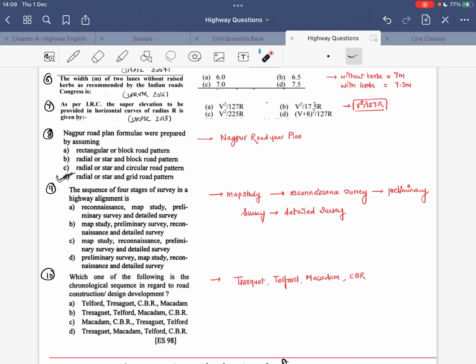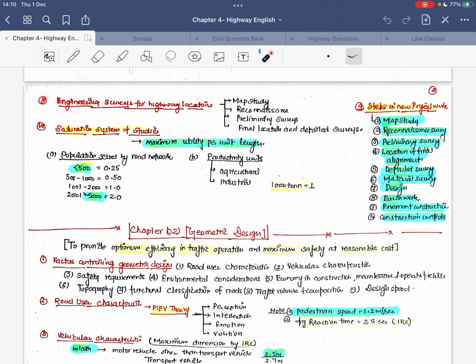If they want to go deeper, they can also ask about the various steps in the new project work, which after the detailed survey as the fifth stage, are material survey, design, earthwork, pavement construction, and construction controls.